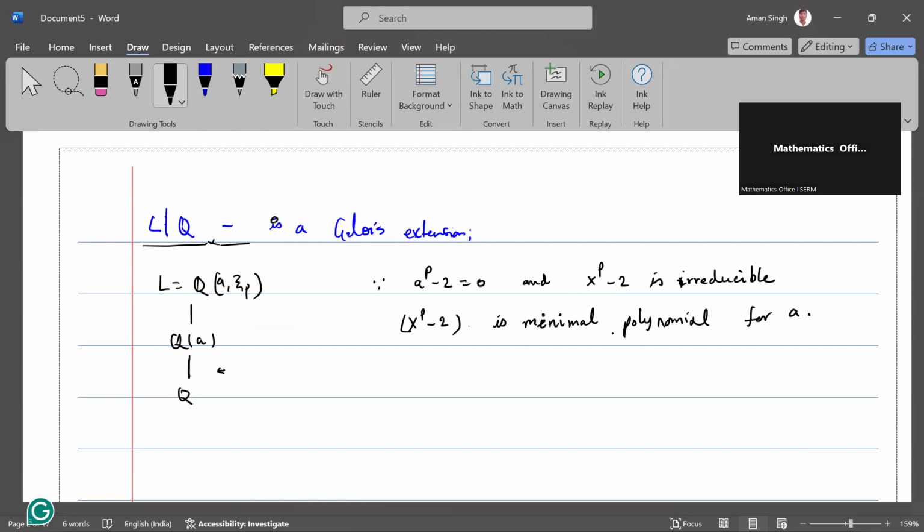If a satisfied any lower degree polynomial, no, because this is irreducible over Q. That is important.